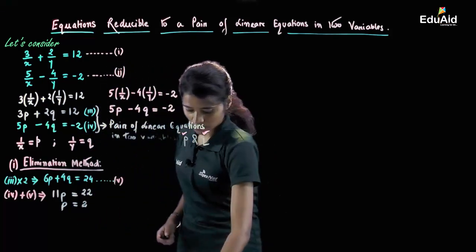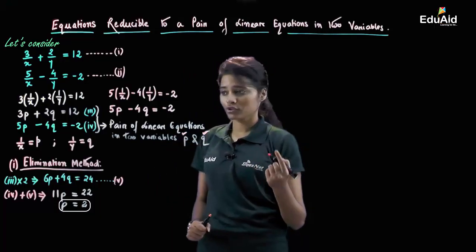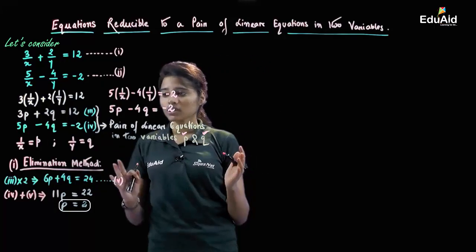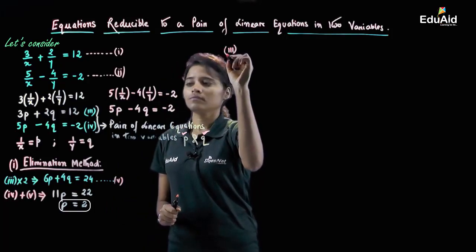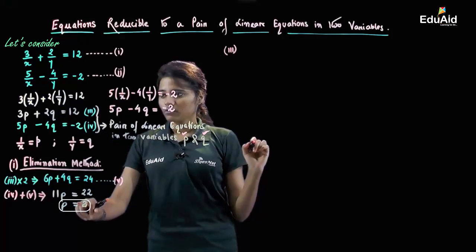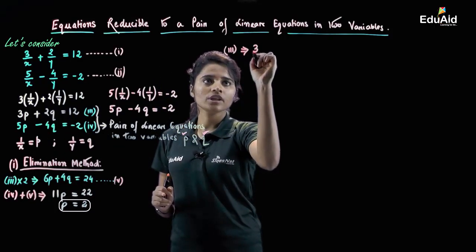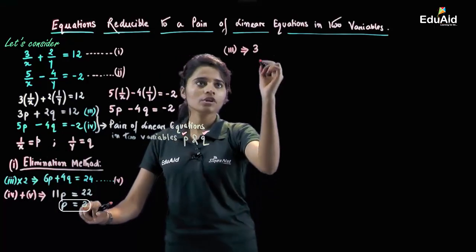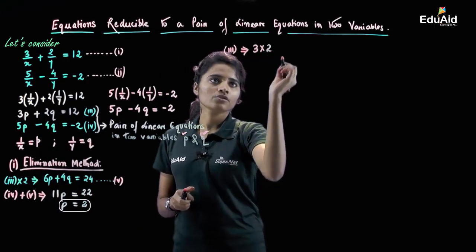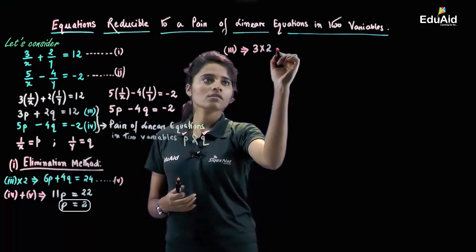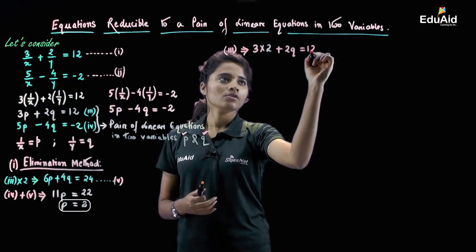Okay. So we have got the value of p. Next, we want the value of q. For that purpose, you can consider any equation. Say number 3. We need q. So 3 into p. P is 2, plus 2q is equal to 12.